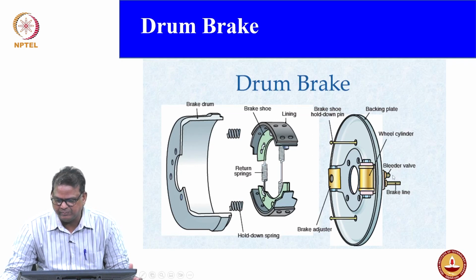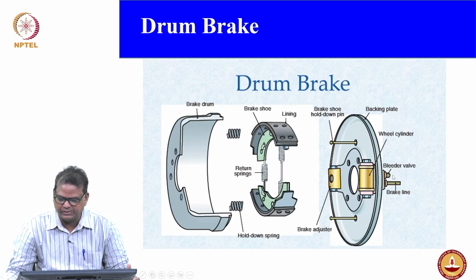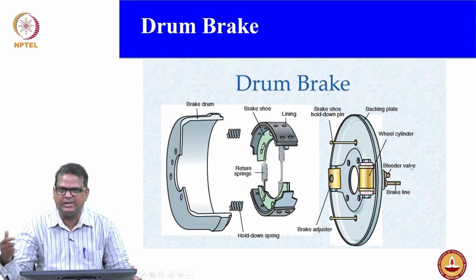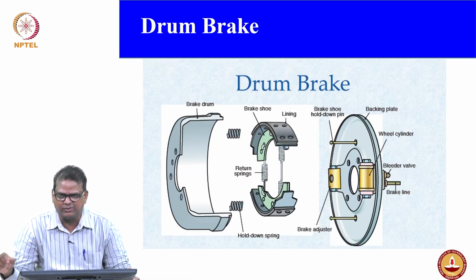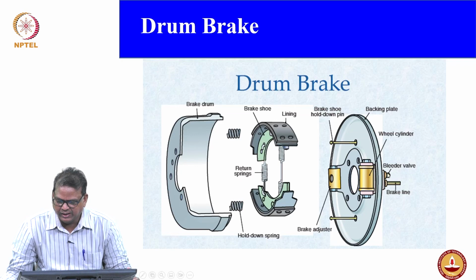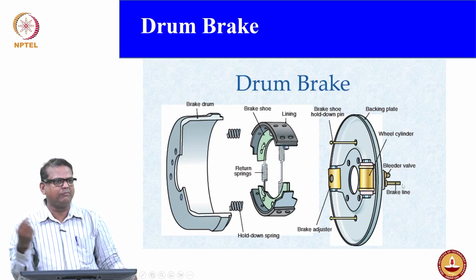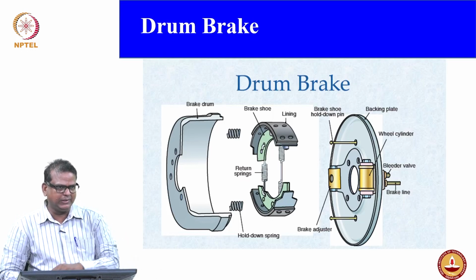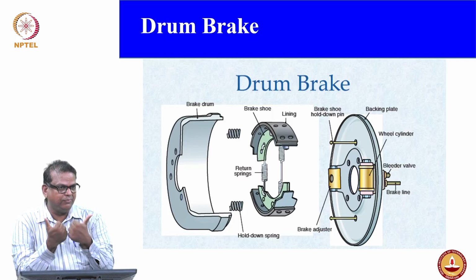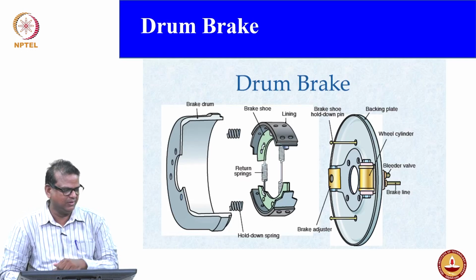Hope you remember yesterday in a sample demonstration I explained the bleeder valve, where any leakage or air trap has to be removed. That's the purpose of a bleeder valve. And this is the brake line where the brake fluid goes inside to activate the cylinder, for the activation port on the tip of the shoes.